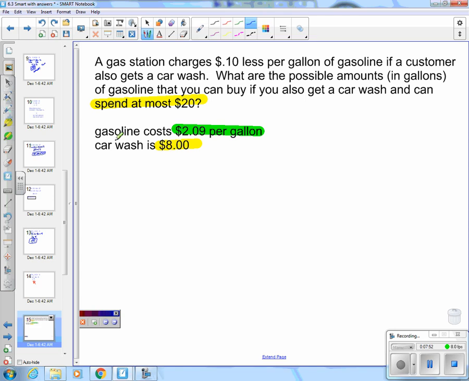Okay, we're going to come back here. At most $20, so that means I am less than or equal to $20. I can spend 20, but I don't want to go over 20. I know that I have a car wash, so that's $8 that I have to pay for. And the gas costs $2.09 per gallon, so $2.09 times the number of gallons, but it's 10 cents less per gallon.